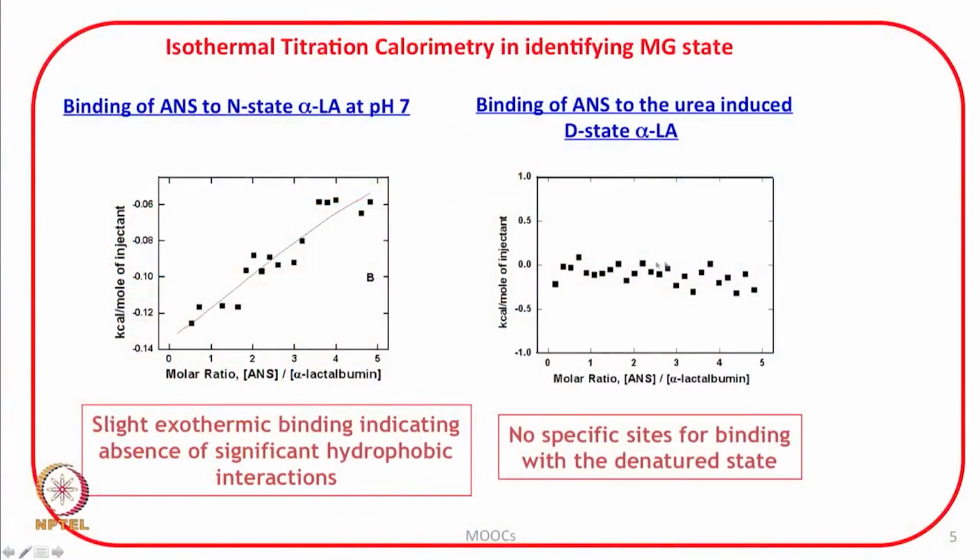Now, keeping in mind that the fluorescence emission intensity of ANS increased manifold when it is interacting or binding with the molten globule state, similarly we expect that the isothermal titration calorimetric profile should also be significantly different than as seen for the binding of ANS with the native state and the binding of ANS with the denatured state. Let us take a look at what kind of profile is obtained.